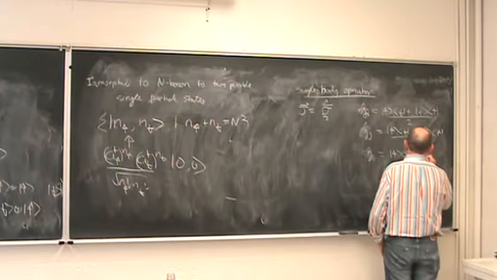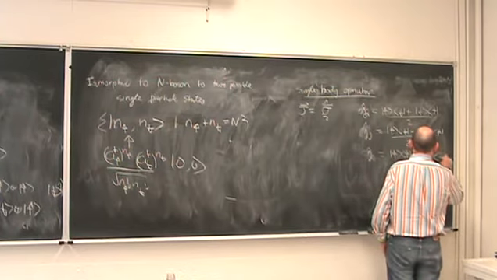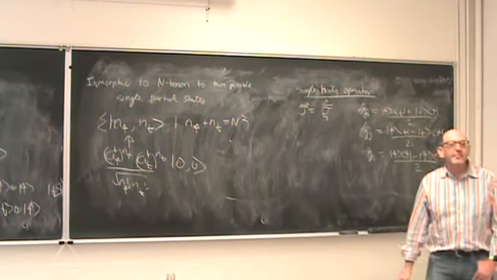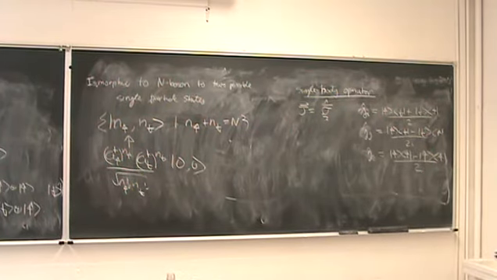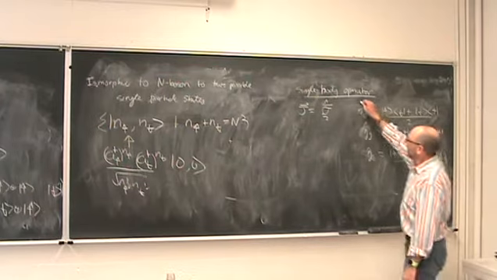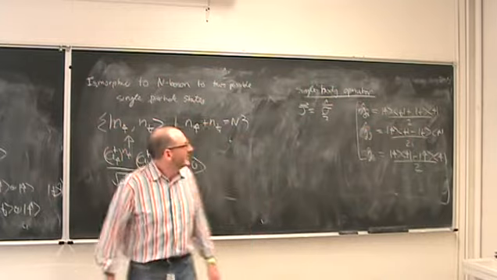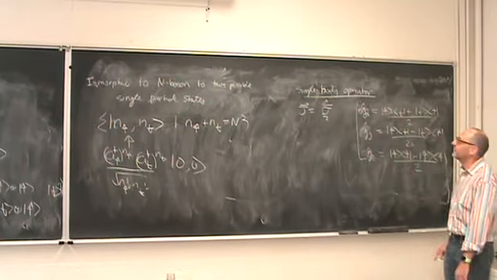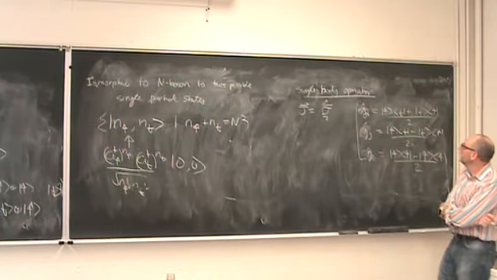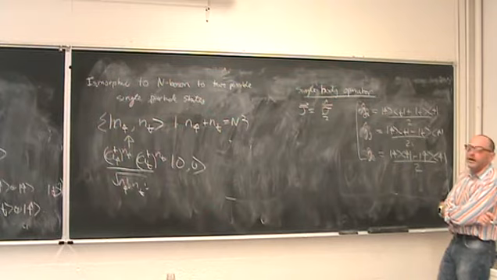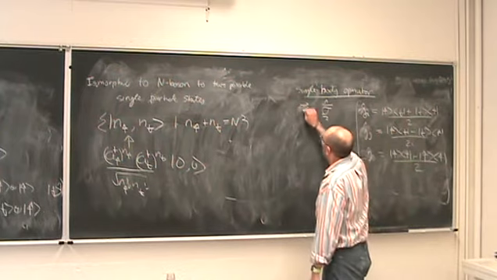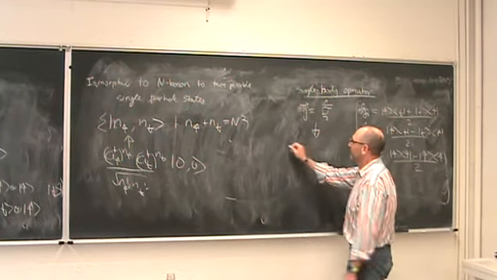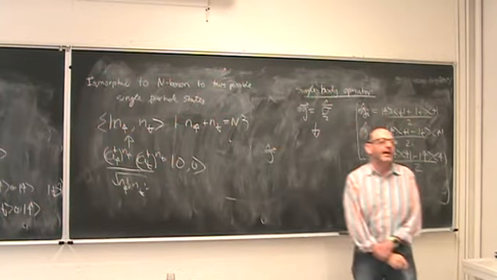I want to promote this to the many-body space, in the subspace that is symmetric. So this is like sigma plus, sigma minus. How do I promote this to the many-body space?